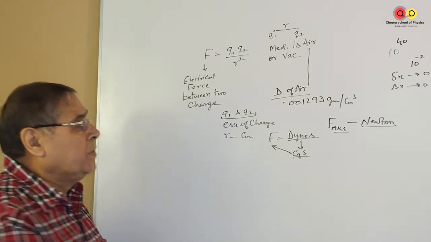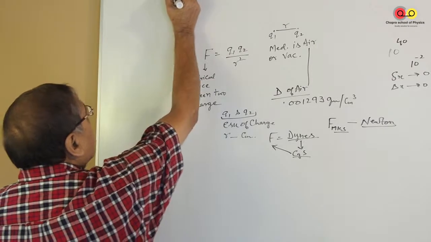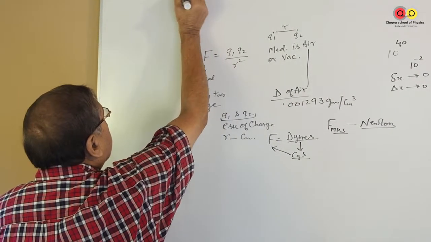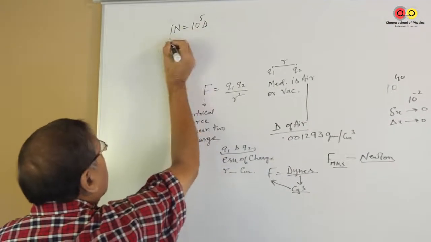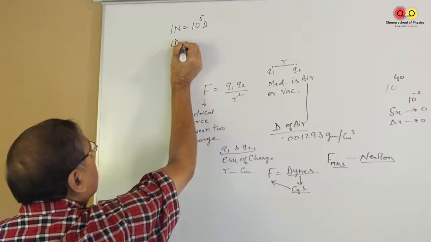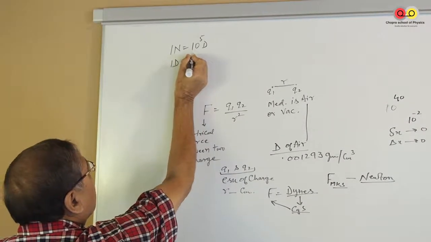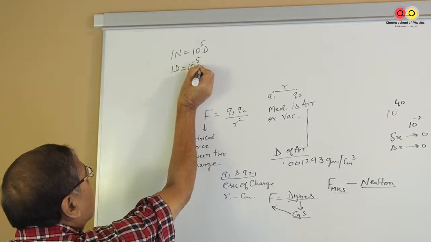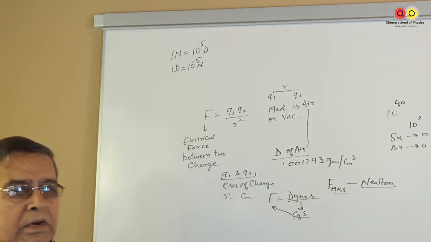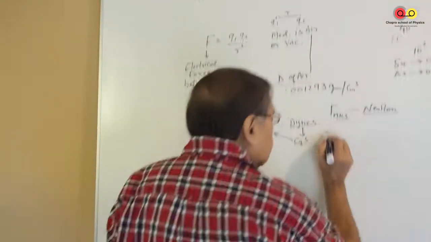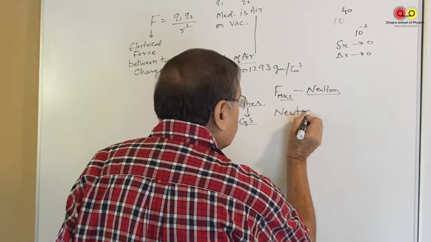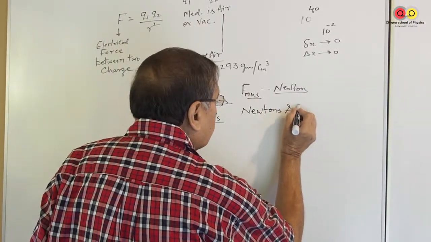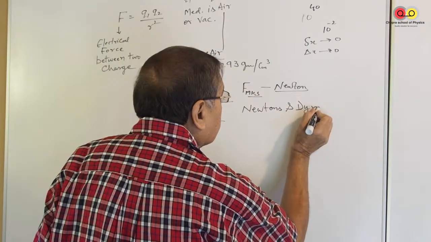You will remember, 1 Newton is 10 to the power 5 dynes, and 1 dyne is 10 to the power minus 5 newtons.